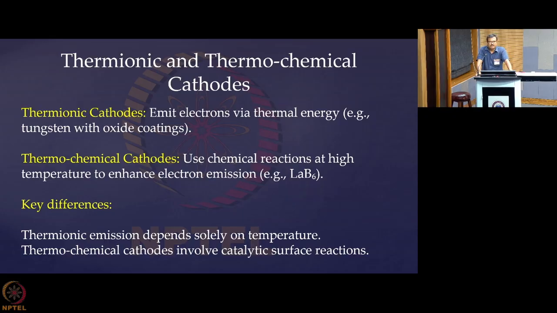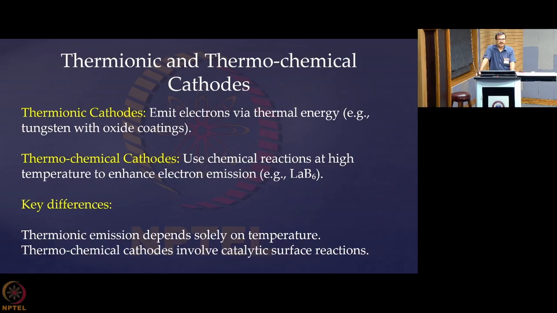Now thermochemical cathodes are those which use chemical reactions at high temperature to enhance electron emission. Okay. Now one of the thermochemical cathodes is hafnium. This hafnium becomes hafnium oxide when it gets in touch with oxygen, and hafnium oxide has much better thermal and electrical behavior compared to pure hafnium metal.